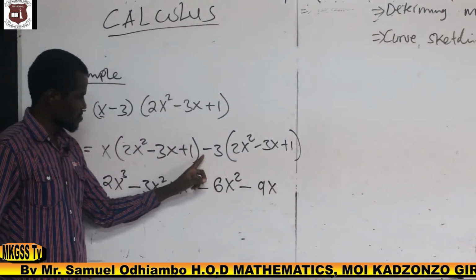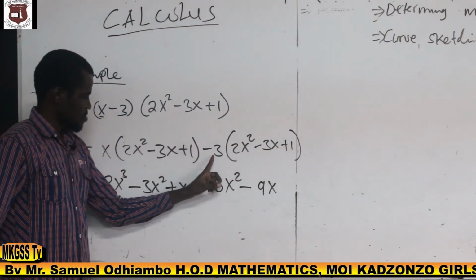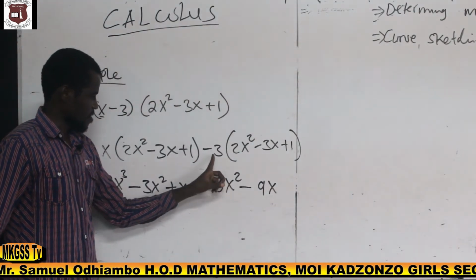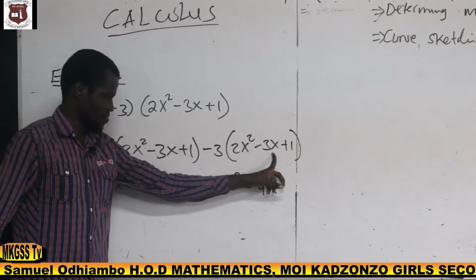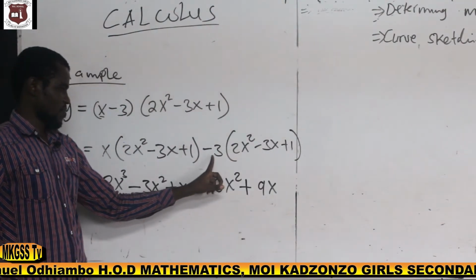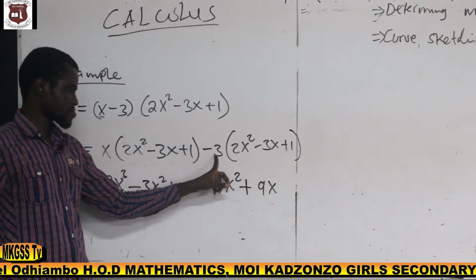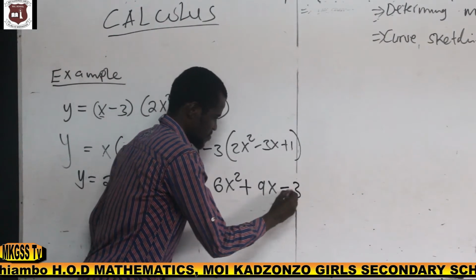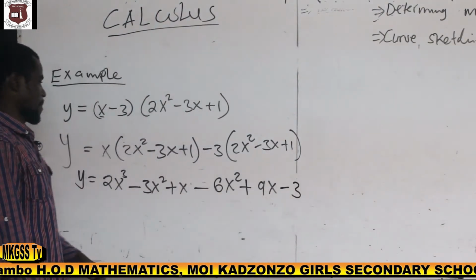Just a minute. -3 times this gives you this. -3 times -3x gives you +9. Then -3 times +1 gives you -3.